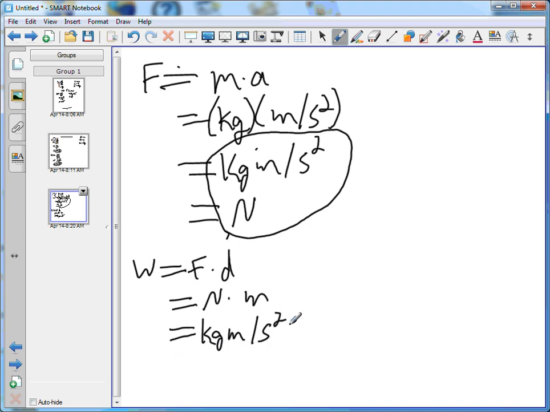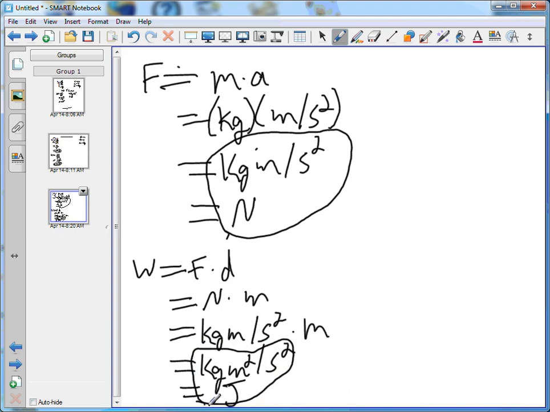Times that by a meter. And work is measured in a kilogram meter squared per second squared, which we define as a joule. Joule is another derived unit.